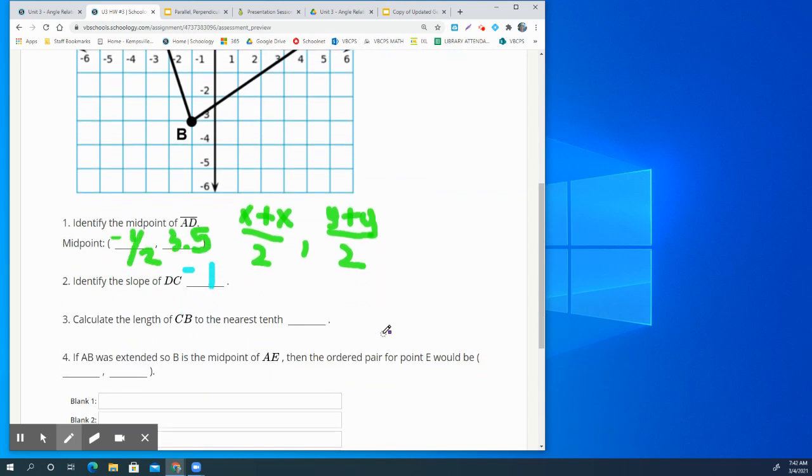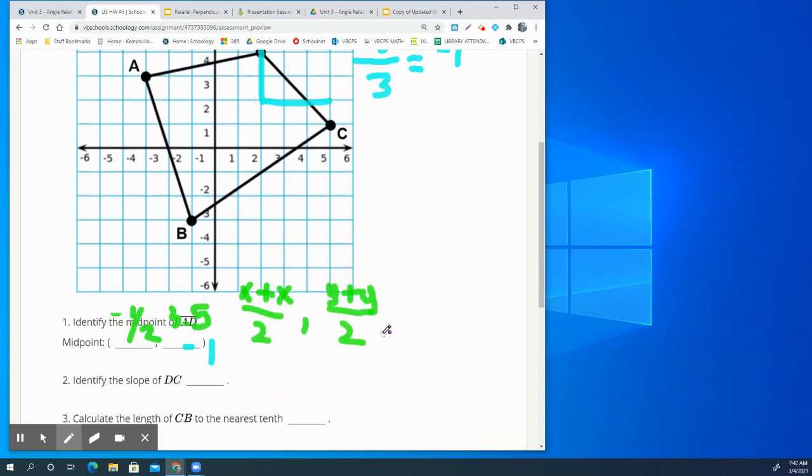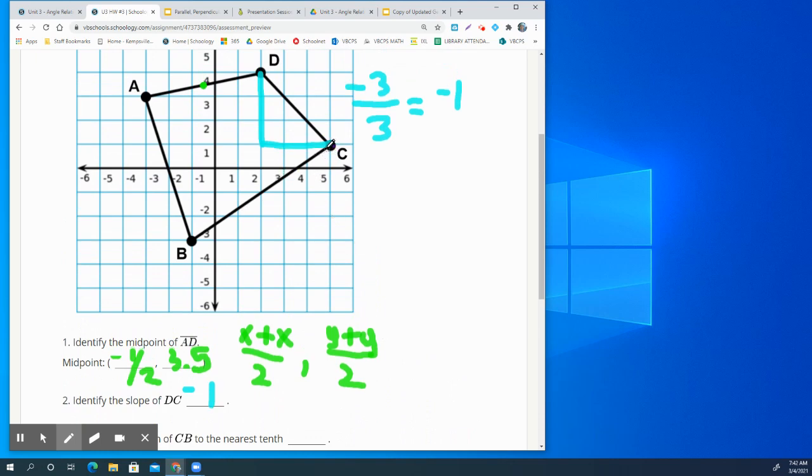So then if we go to CB, calculate the length. How do I find the length of this line? We want to do x minus x squared. So if you do that, we've got 5 and -1.